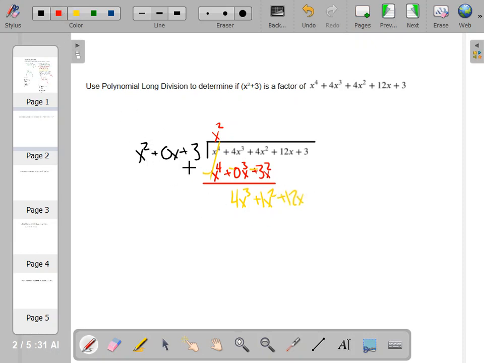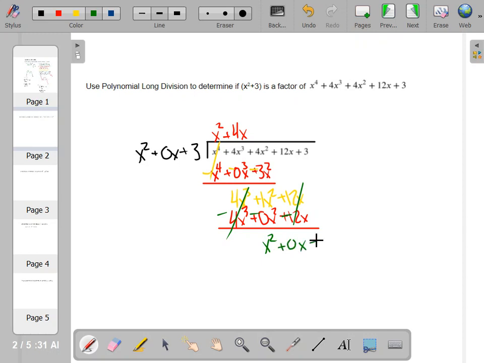So to do it again, I have to figure out what I have to multiply x squared by to get 4x cubed. That would be 4x. Now I will distribute a 4x. 4x cubed plus 0x squared plus 12x. And now I subtract. Minus, minus, minus. Those go away. 1 minus 0 is still 1x squared, and those go away, so plus 0.